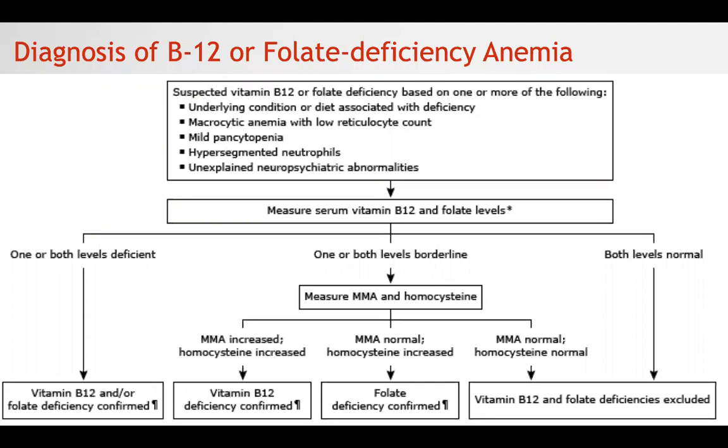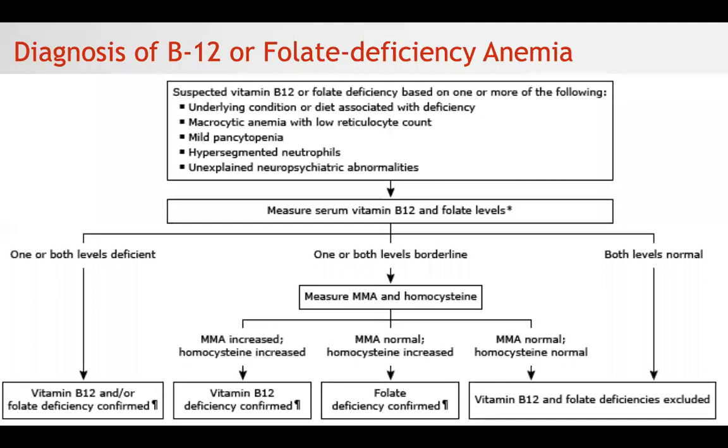And again, when assessing patients who are experiencing certain symptoms like cognitive impairment or depression, we always want to get vitamin B12, folate levels, and iron levels because we want to utilize these values to do some differential diagnosis.